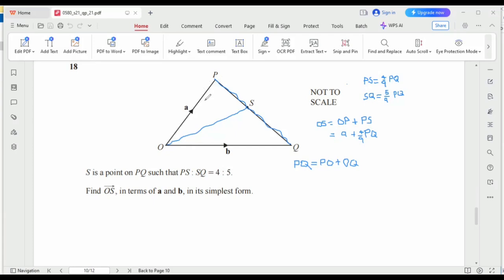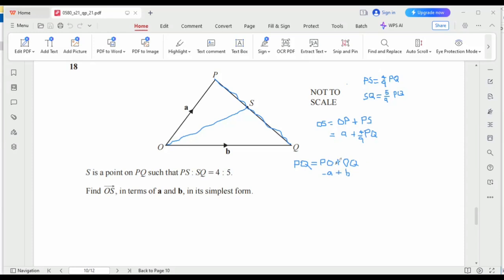OP is A, PO has to be minus A. If OQ is B, then QO will be minus B. So PO is minus A, then OQ is B. We just write minus A plus B. So we found PQ. PQ is minus A plus B.